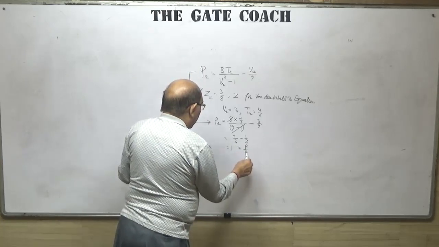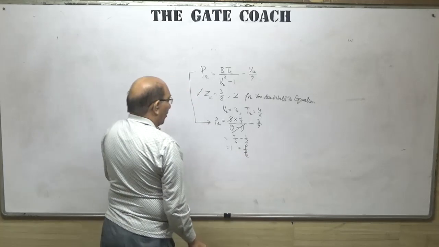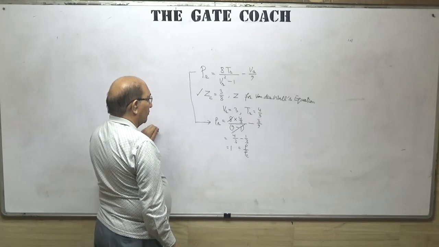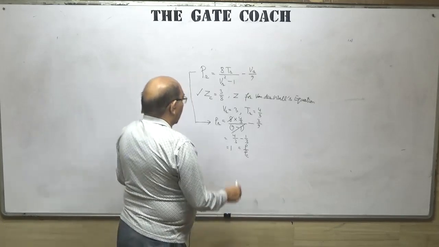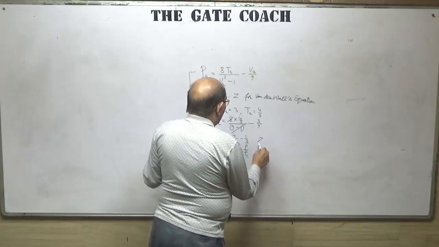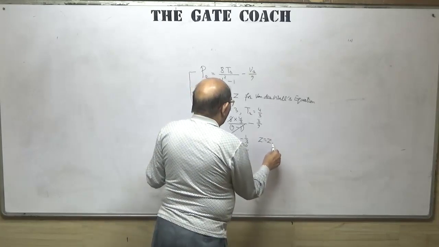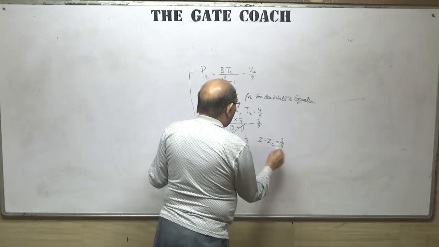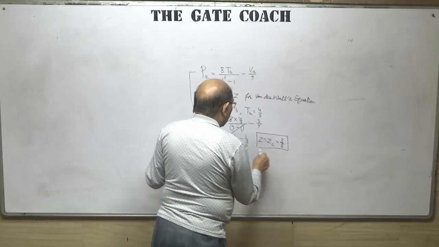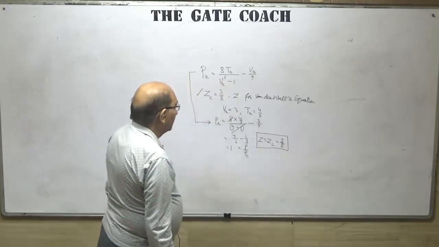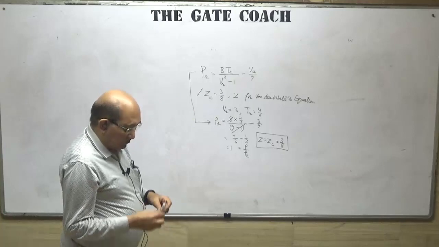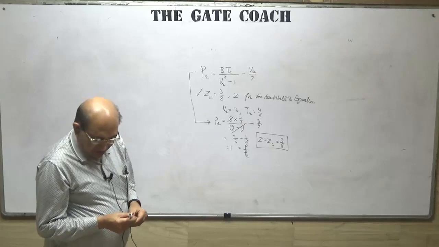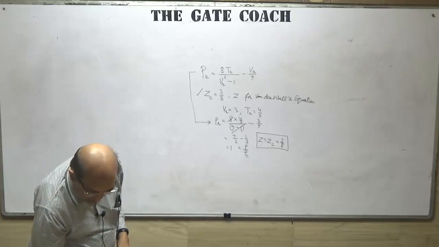That is P upon Pc. That means the local pressure and critical pressure, they are the same. When they are the same, Z is equal to Zc, that is 3 by 8. I don't understand why such a simple question has been asked.